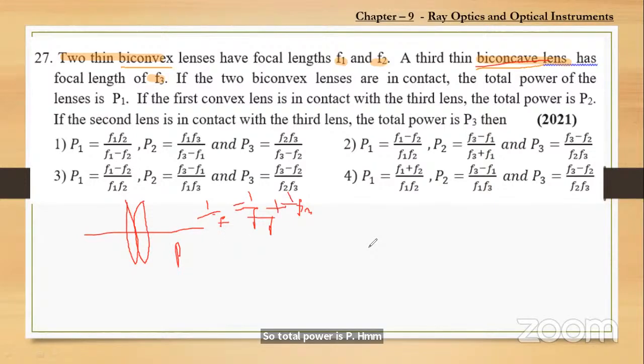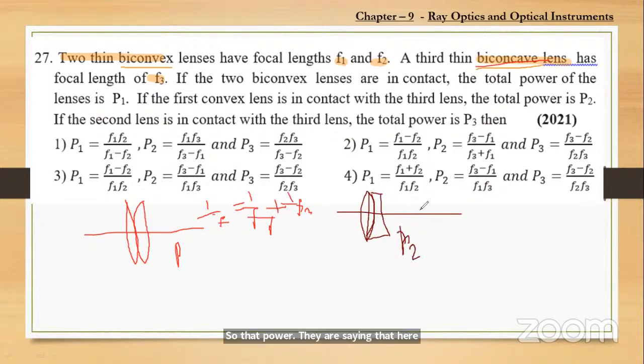Next, they give another condition: the first convex lens is in contact with the third lens, which is a concave lens. Now they are asking what the power will be, and they call that power P2.